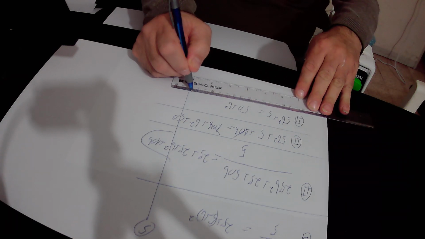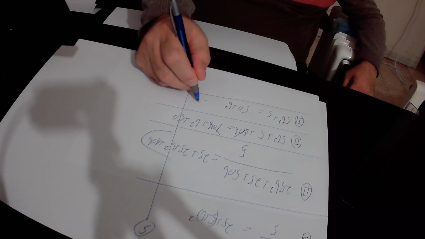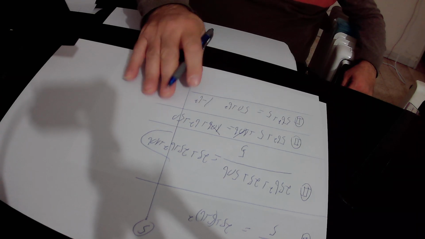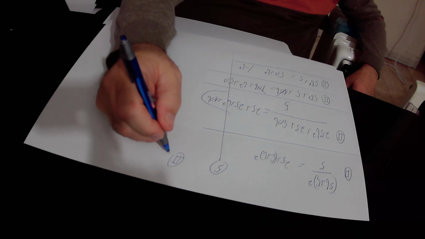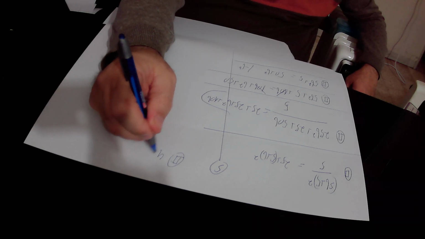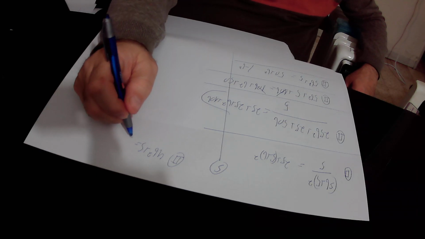Here we subtract b squared from equation number 2, and finally we get that 5b squared minus b squared is 4b squared plus 5 equals 50.